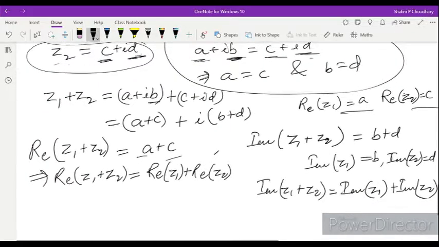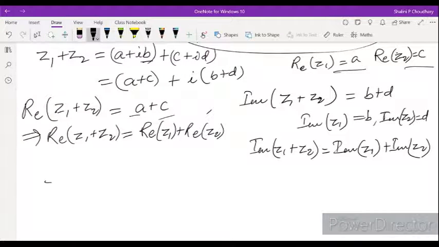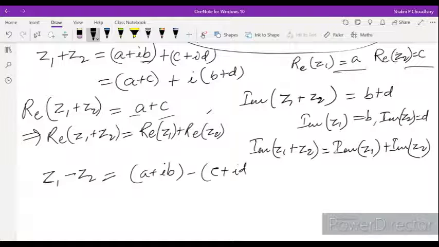Now we'll see subtraction. The same thing we have to do in subtraction. z1 minus z2 will be equal to a + ib minus c + id. It means (a - c) + i(b - d).